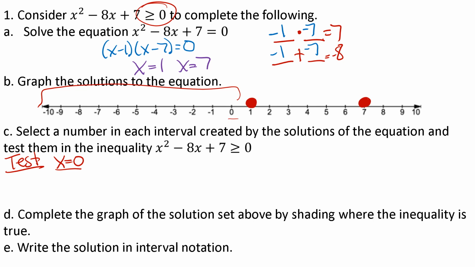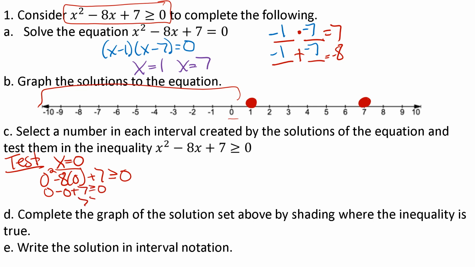So we plug 0 back into the original one, so plug it into the inequality. Everywhere we see an x, we're going to replace with 0. So I'm going to do 0 squared minus 8 times 0 plus 7. And we want to see if that's greater than or equal to 0. So that would be 0 minus 0 plus 7.